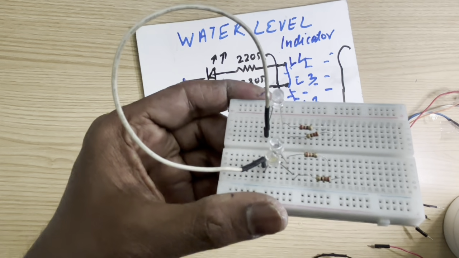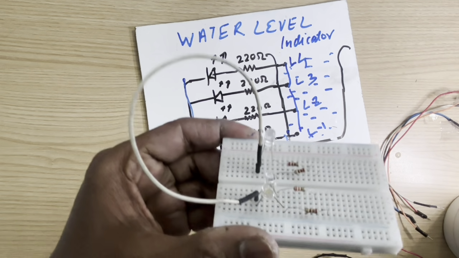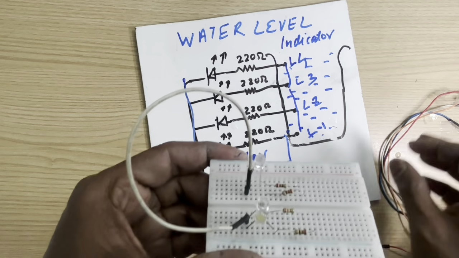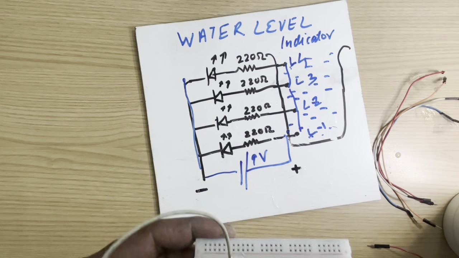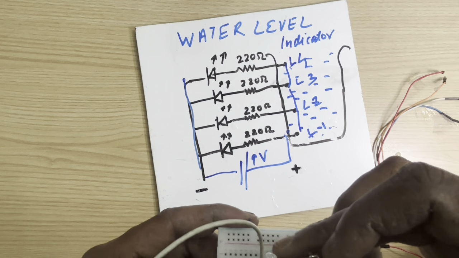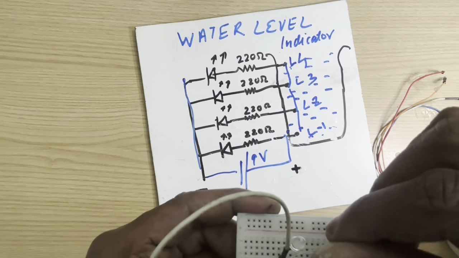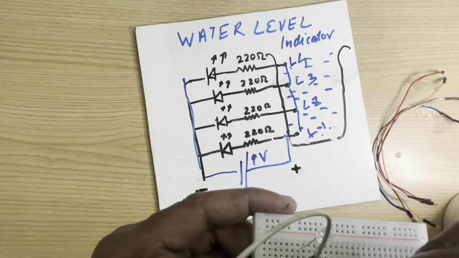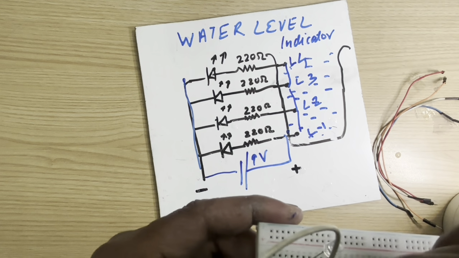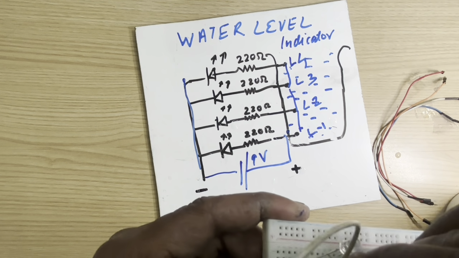In this, let me zoom in. And the other one, you have to connect one connection ahead, this way. Otherwise, if you connect in the same row, this will get shorted.